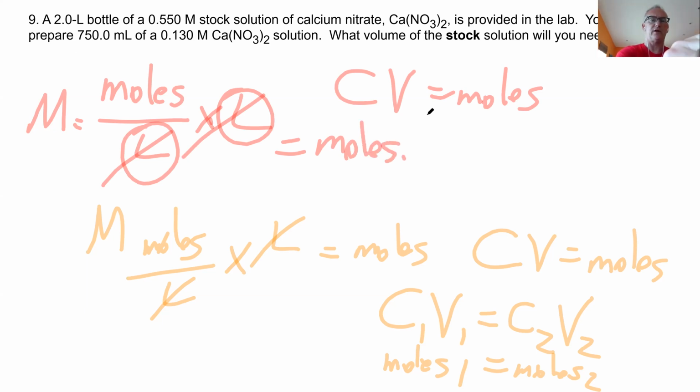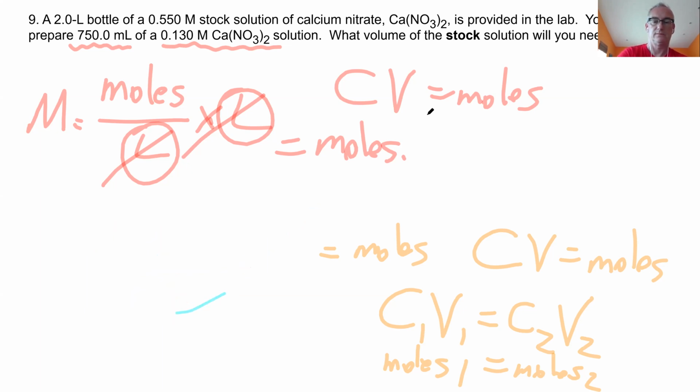So this is our volume of the dilute solution, and this is our concentration. So how many moles of calcium nitrate do I have in that solution? And excuse me, in this case, we don't have to put it in liters, right?